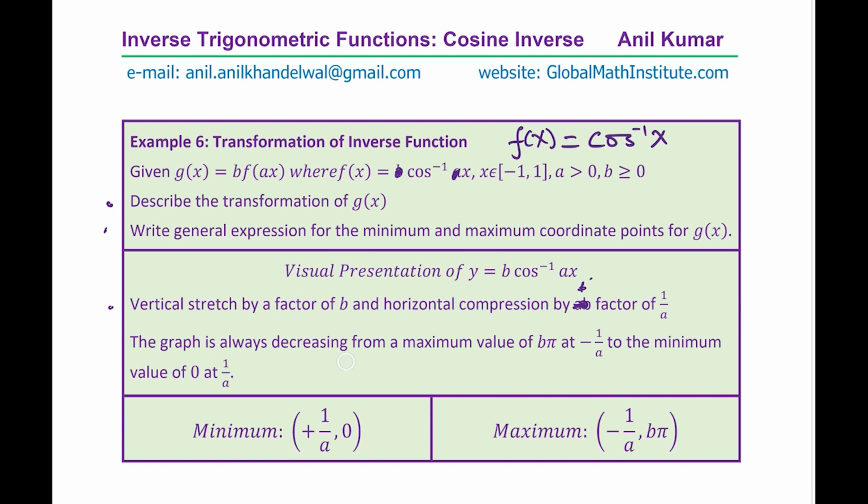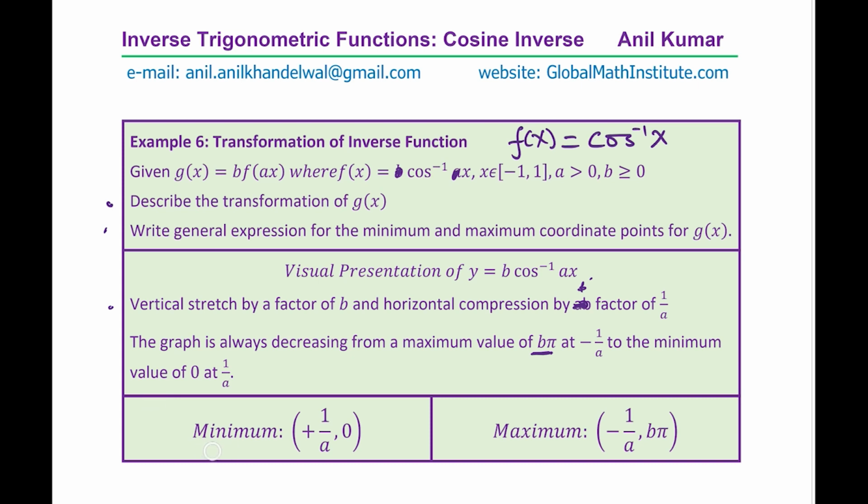So graph is always decreasing, as you have seen in the presentation also. The maximum value is now multiplied by b, so it becomes b times pi. This happens at minus 1 over a, and the minimum value remains at 0, which is at 1 over a, correct?